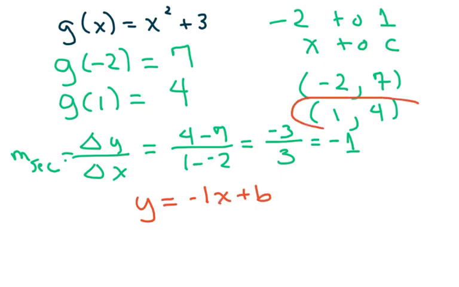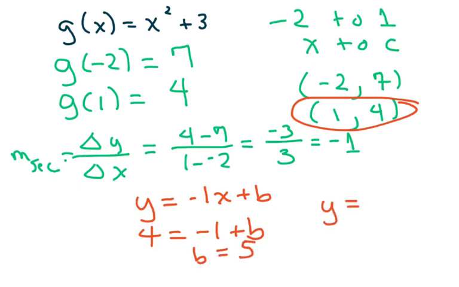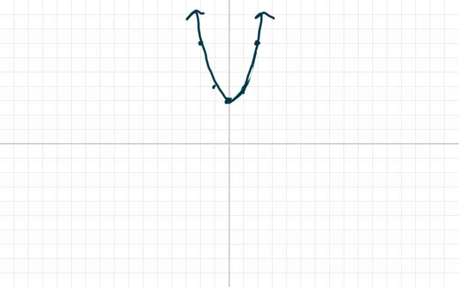Plug in one of these. I'll choose this one. Looks easier. So b equals 5. So my equation is y equals negative x plus 5. Right? So again, we're going from negative 2 to 1.